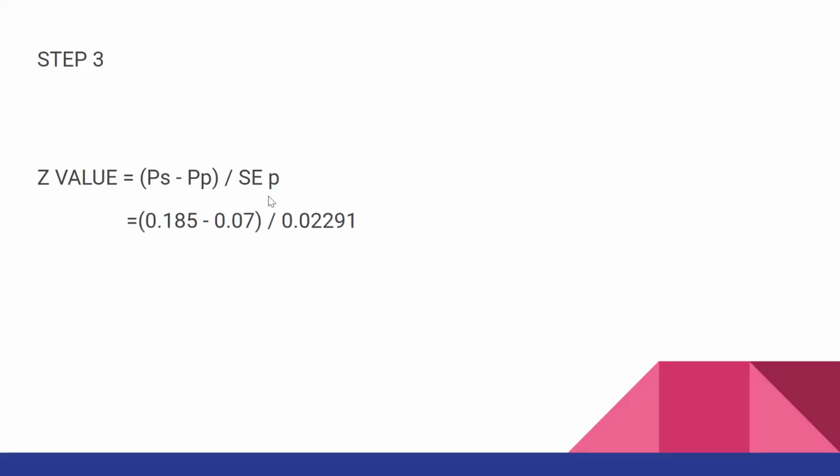Now, after that, we go to the calculation. So this is the calculation that you're going to do. From the sample proportion, you subtract the proportion of the population, and then you divide it over the standard error of the population, not of the sample, of the population. So these are going to be the values.